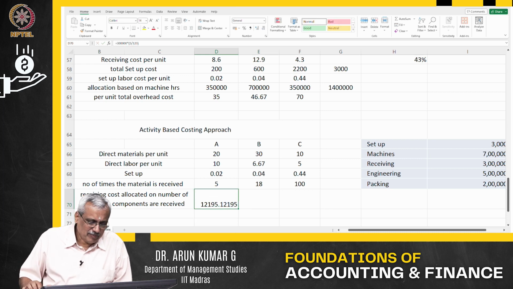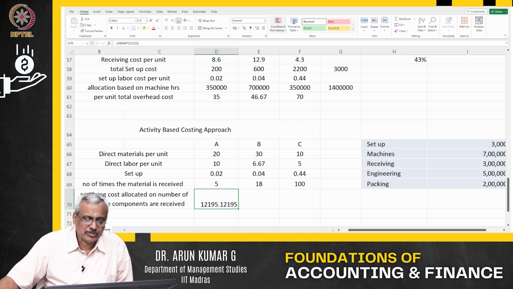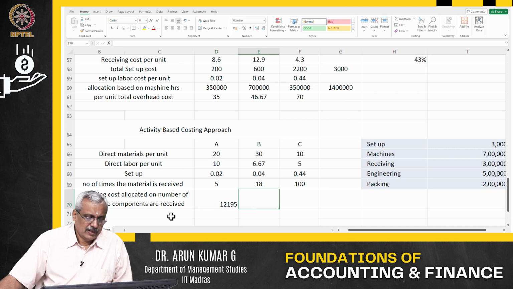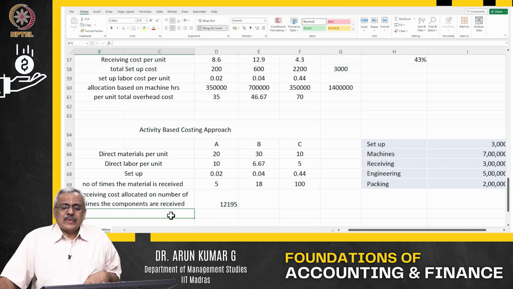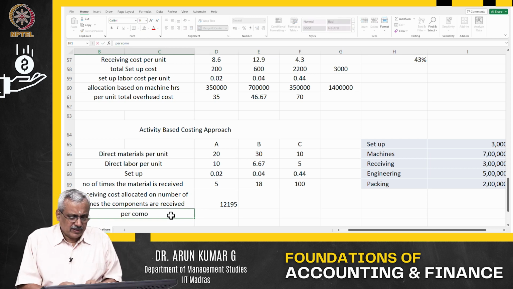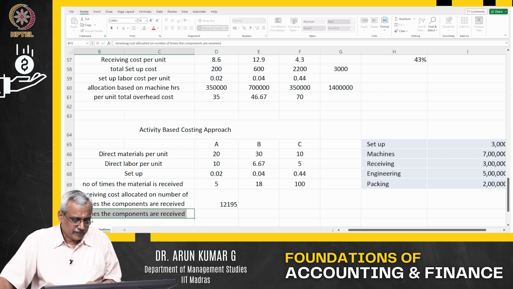So what happens? My receiving cost allocated for the components received is 12,195. I am just going to eliminate all the decimals here. So per component, what is called direct, what is receiving cost per unit.